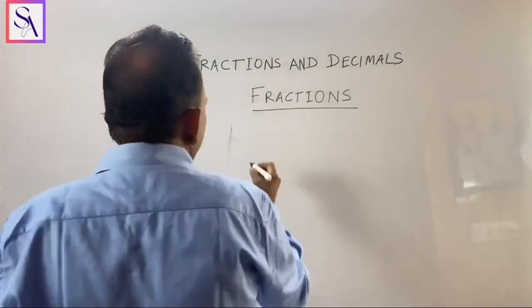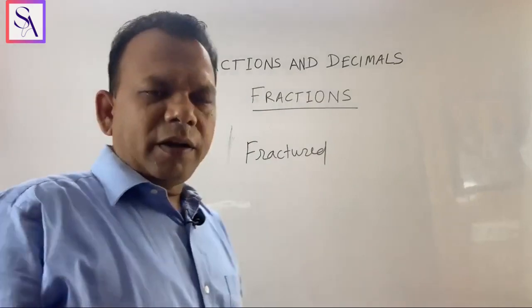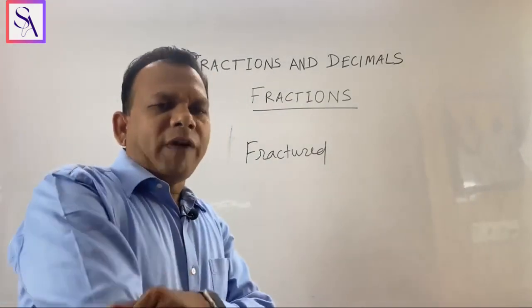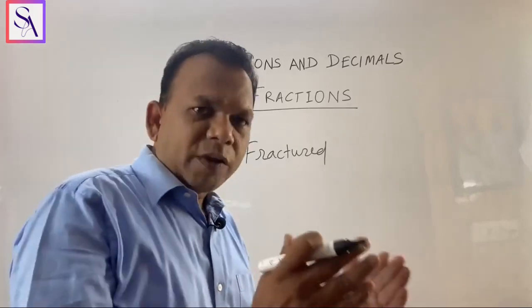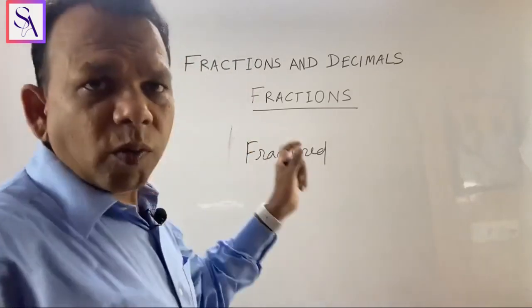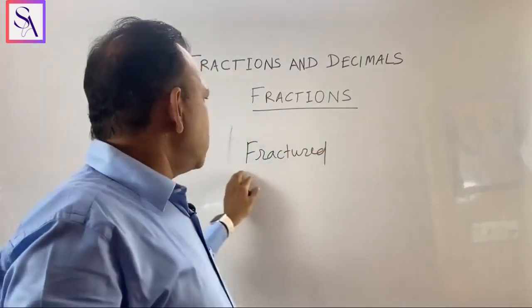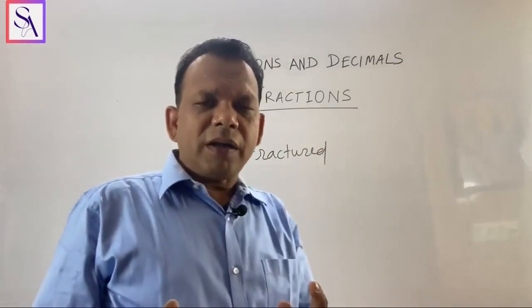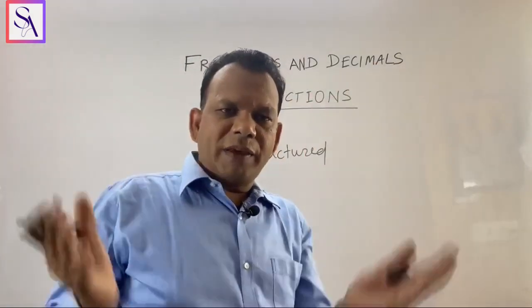You have heard fractured. So someone has fallen, and his hand got fractured, his leg got fractured. There you heard that word fraction. From that particular word, fraction is made. So fraction is nothing but a small part of a big thing or a whole thing.